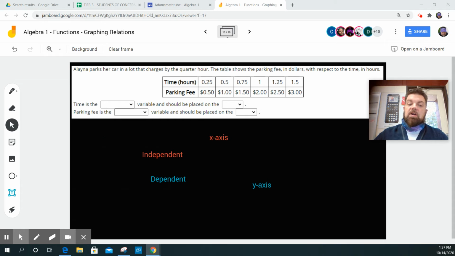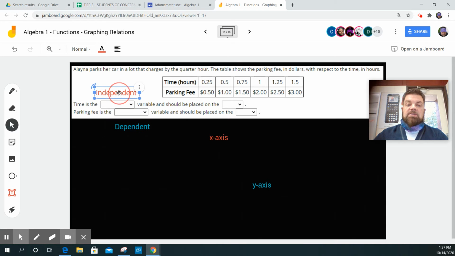In other words, the parking fee depends on the amount of time that I spend in the parking lot. So in this scenario, my parking fee is the dependent variable, right? And then the time that I spend there is independent.